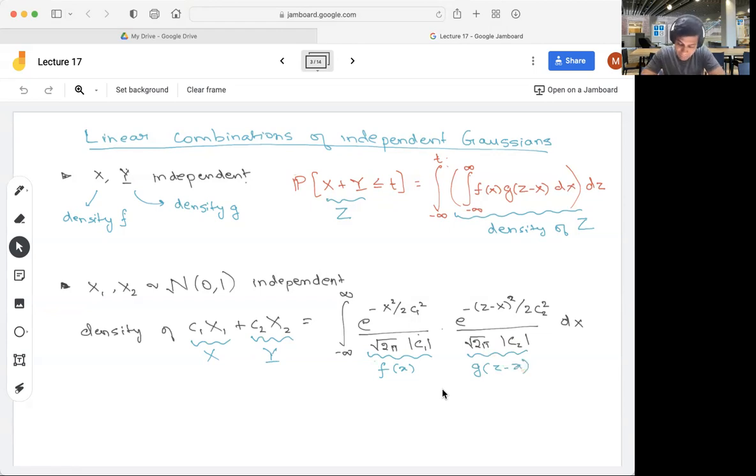And so this is the density of c1 x1 plus c2 x2. It's some integral, and you need a little bit of manipulation to show that this is equal to e to the minus z square over 2 times (c1 square plus c2 square).